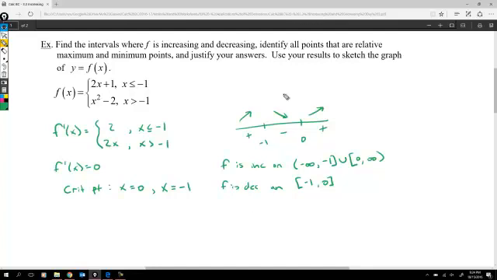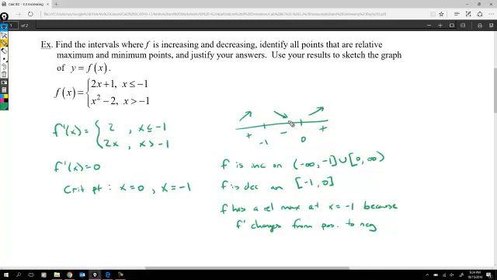Okay, and then we are asked to identify our relative maximum and minimum points. So I know that f has a relative maximum at x equals negative 1 because f prime changes from positive to negative.